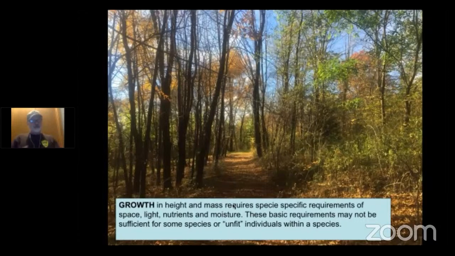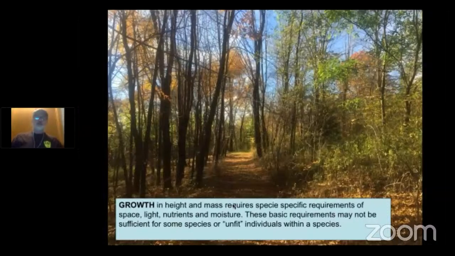So now we're talking genetics. Our main control points, of course, where we can interject and manage our system, are understanding the reproductive life cycle, our regenerative pathways: space, light, nutrients, moisture, and genetics. And then, of course, we use disturbance as the way to twist those six different knob adjustments.